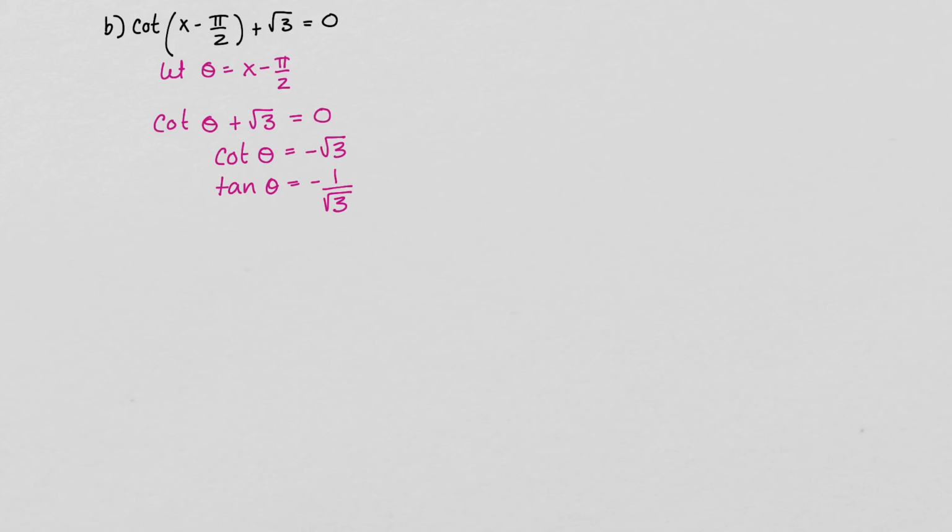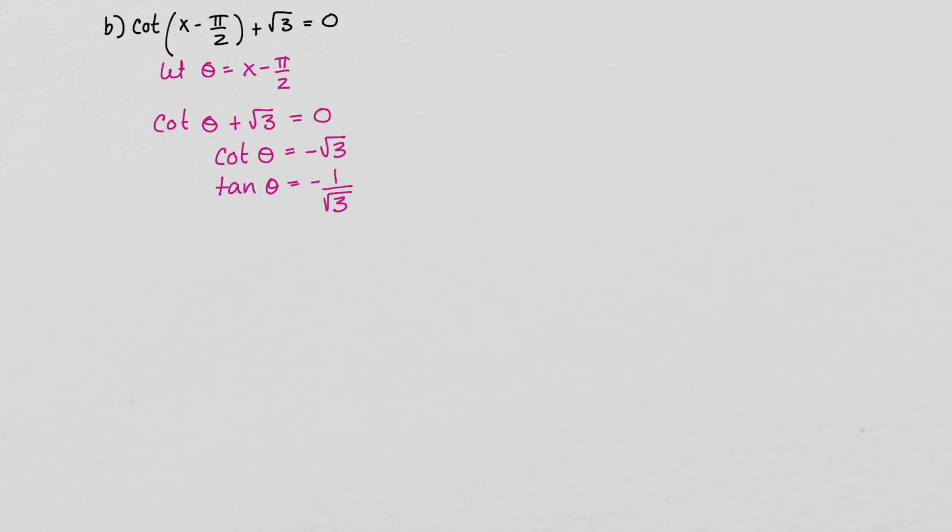So all I did so far, to recap, let people catch up with me here. The first thing I did was I have the cotangent of a bunch of stuff that's not just an x. So since it's not just an x, I'm going to replace this with a theta. So whatever is inside here, I'm going to make theta. So theta is going to be x minus pi over 2. And then I just replaced it. So I used to have the cotangent of all this stuff, so now I have the cotangent of theta plus the square root of 3 equals 0. And then I just solved that for the cotangent.